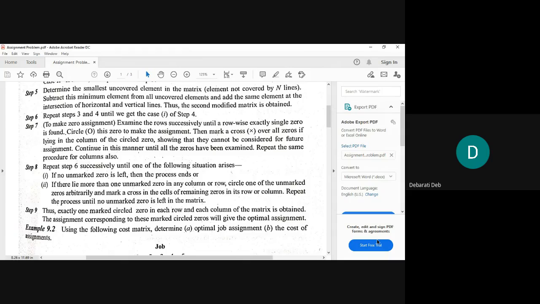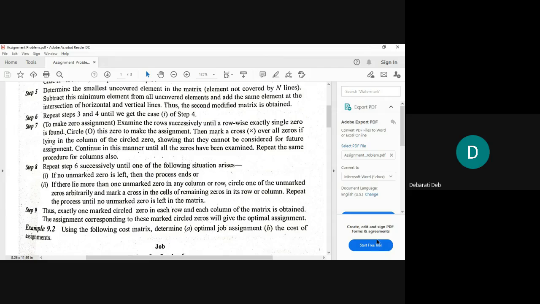If any other zero is there in that column, you will mark a cross, showing that they cannot be considered for future assignment. Continue in this manner until all the zeros have been examined. Repeat the same procedure for columns also.